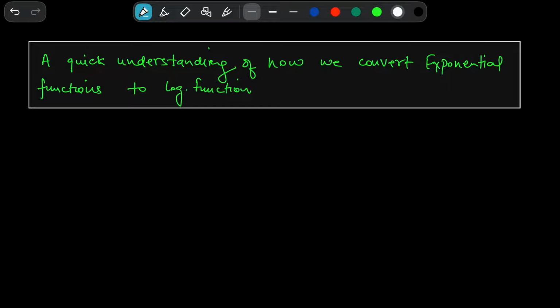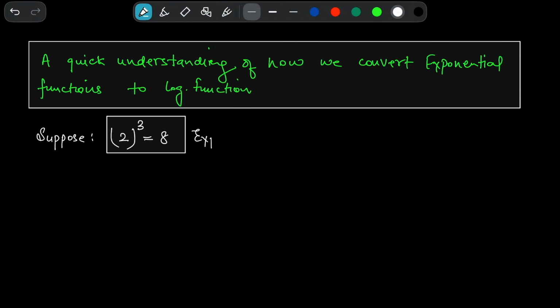Okay, so let's start. Suppose I have 2 and I have an exponent of 3, so basically I'm going to get 8. This particular expression is your exponential function, right? This is your exponential function.